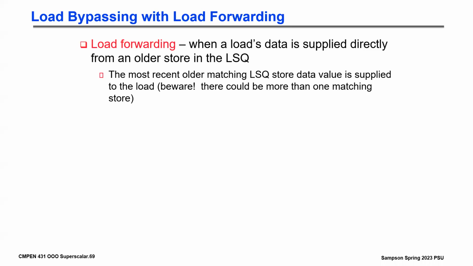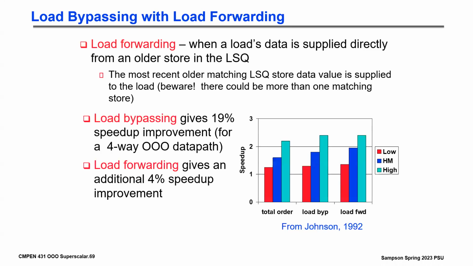So how much does this buy us? It's a non-trivial optimization. Matching directly from older stores is modest. You can measure it, but load bypassing is big.